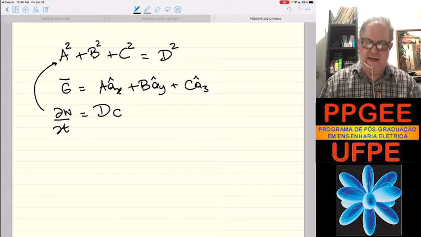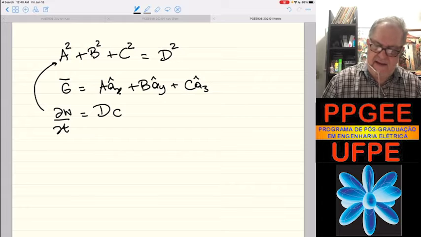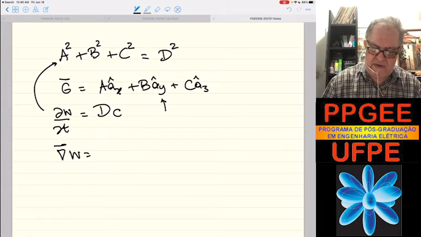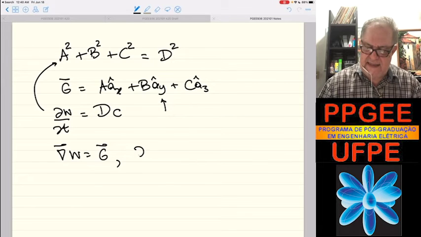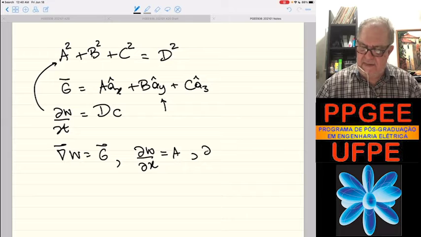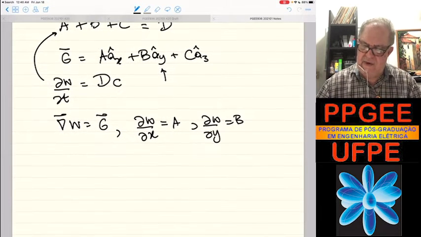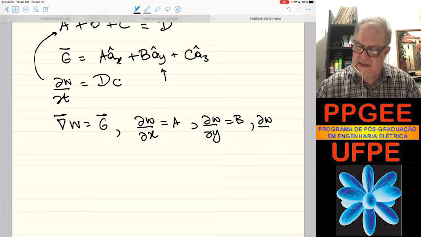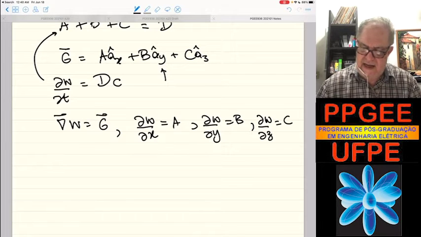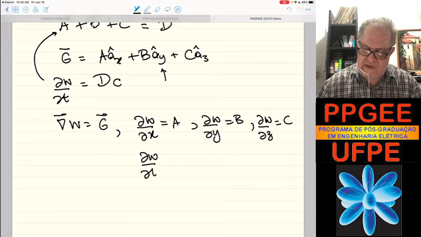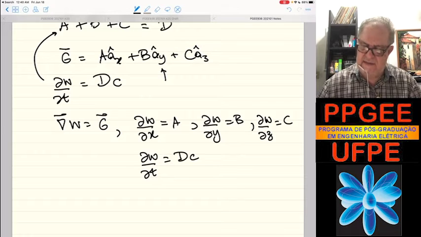And also, when I make this special choice, it means that the gradient of W equals G implies that dW dx is a constant equal to A, dW dy is a constant equal to B, and dW dz is a constant equal to C. And dW dt is a constant, which is D times c.